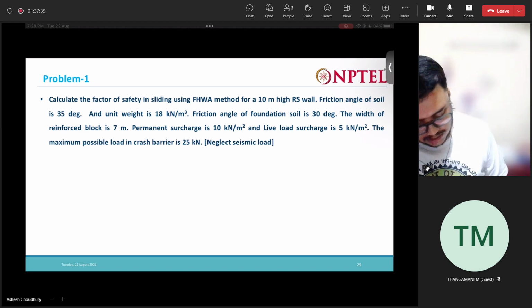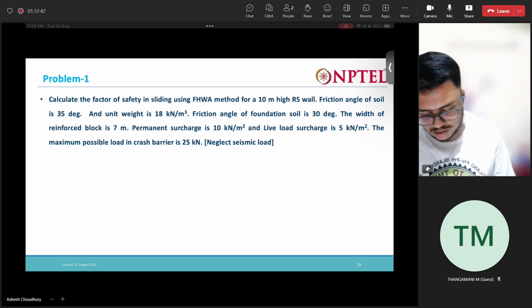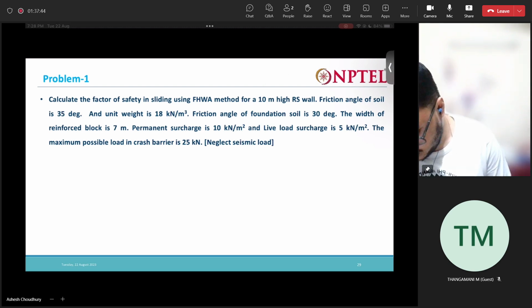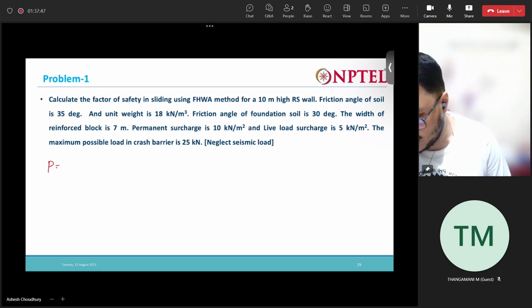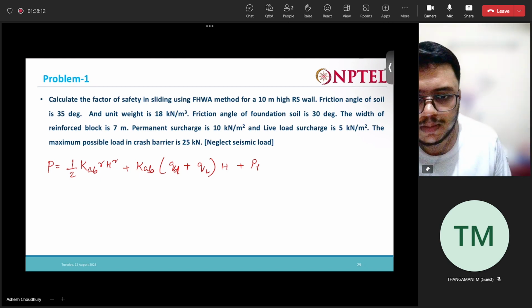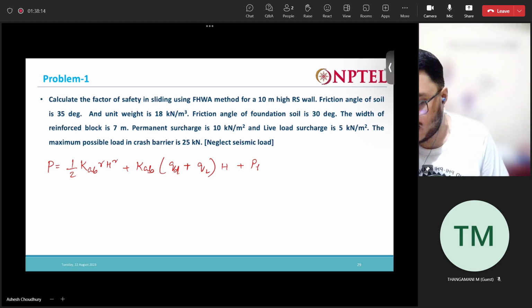So let us calculate that. Let us first write the expression for P. P, the horizontal load, is half Ka gamma H square plus Ka q H, plus P_H.